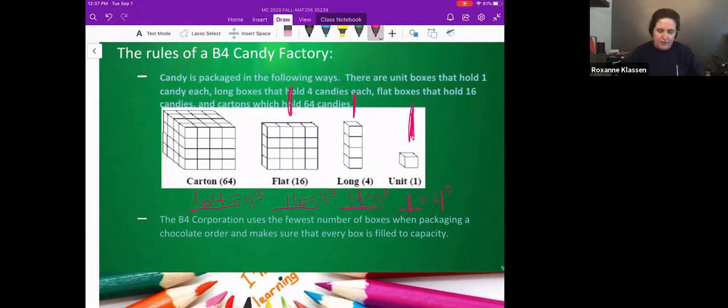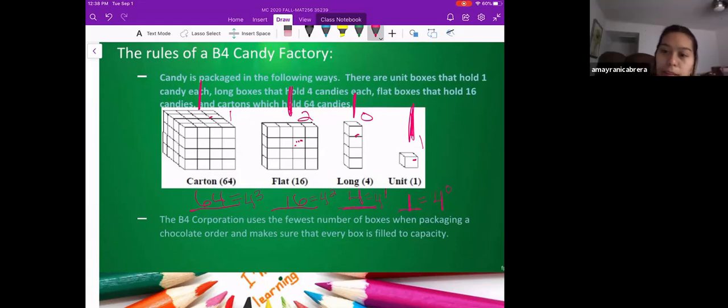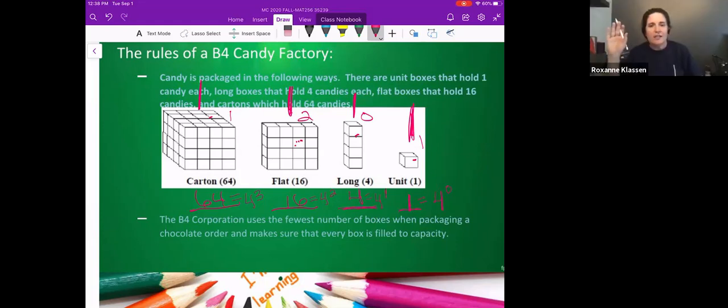The next one is our next place value, which holds 16 candies. The next one holds 64 candies. So I'm just going to apply that. Since I had a number that said this, 1201, this is what it's telling me. It's saying I have 1 of these cartons, I have 2 of these flats, I have no longs, and I have 1 unit. Okay? Okay. Yay. That makes more sense. Oh, good. Thanks, Amy.